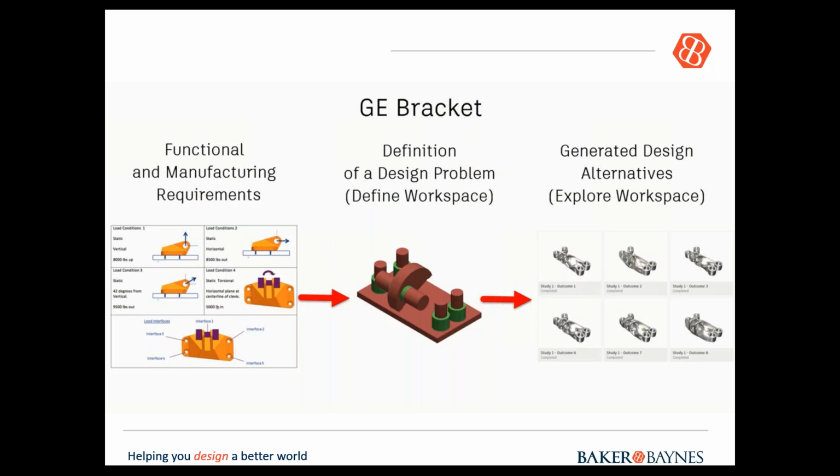So the program will make sure that your bracket or your design, whatever you design, will be strong enough for the purpose of what it's going to be used for. In the middle, you will see the definition of a design problem. That's the design problem. And on the right-hand side is what you would want at the end of the day. The generated design alternatives. Those are the solutions that the program gives you that you can select from.